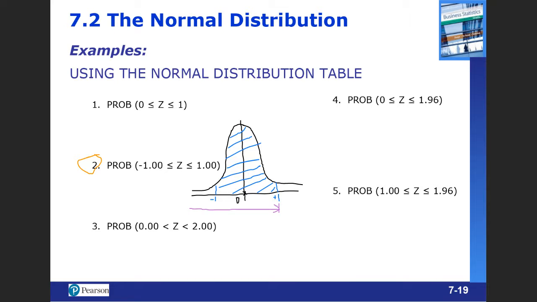Always from -infinity up to my z-value. So when I look up the table, when z is equal to 1, what was my probability? That was actually the same answer as before. When I looked up z is equal to 1.00, what was that probability? Yep, 0.8413. Okay, so we know that already.